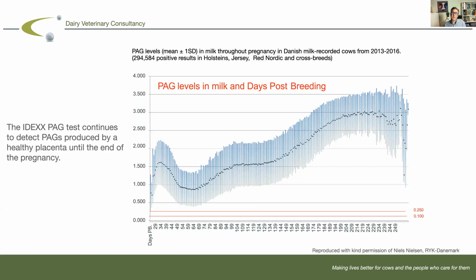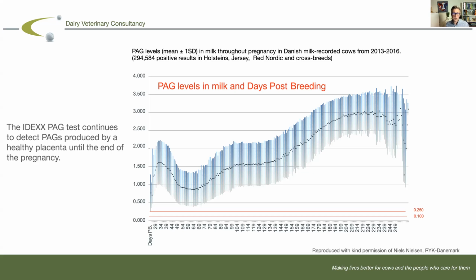Now this graph shows how the PAG levels change throughout the whole of the pregnancy. So it's the results from a large Danish study, nearly 300,000 milk recorded pregnant cows using the IDEXX Alertys pregnancy test. And it can be seen that the test continues to detect PAGs above that cutoff of 0.25 by the healthy placenta from around about day 28 all the way through to full-term pregnancy, the end of pregnancy.